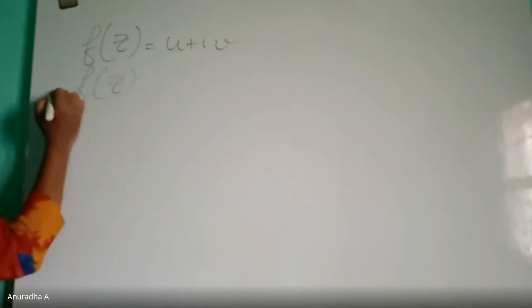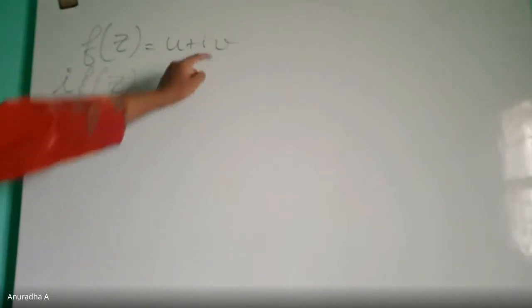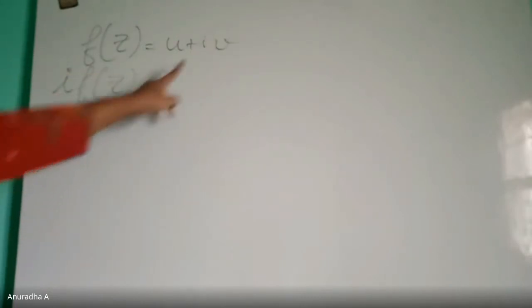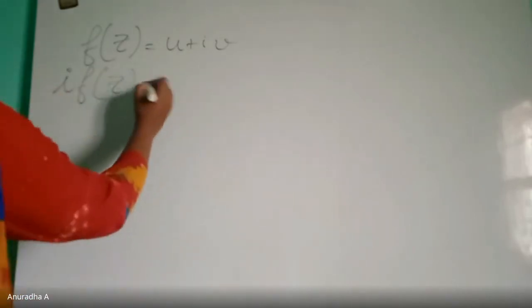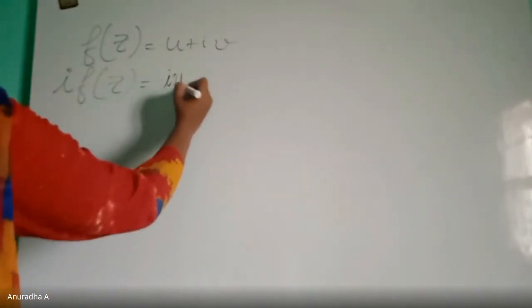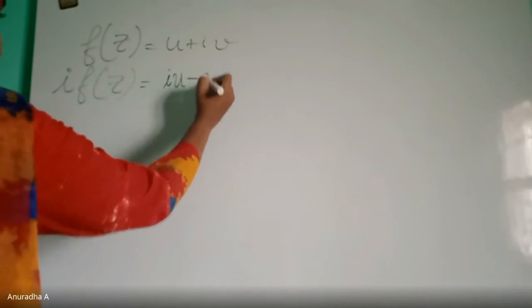Now multiply this by i. Why am I doing this? As I said, the v part alone we have to take and omit the i. If I multiply by i, i into i is i square, so v will now become the real part. So i into f of z will be iu minus v.